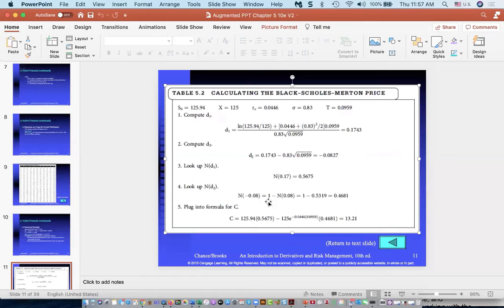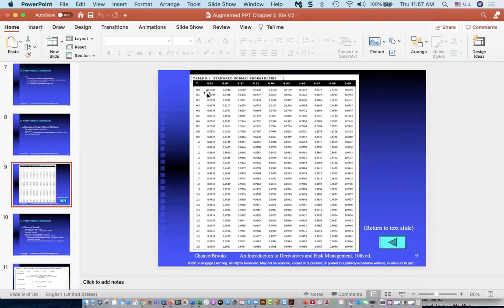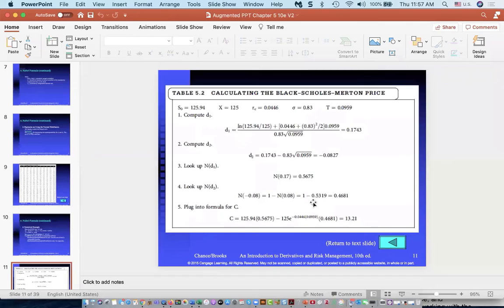So you say it is 1 minus the normal distribution of 0.08. So you find 0.08 from there. You go to 0.0 and then you go to 0.8, which is 0.5319, right? And then you put 1 minus 0.5319, you get 0.4681.